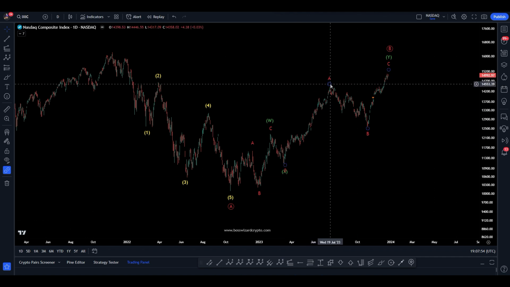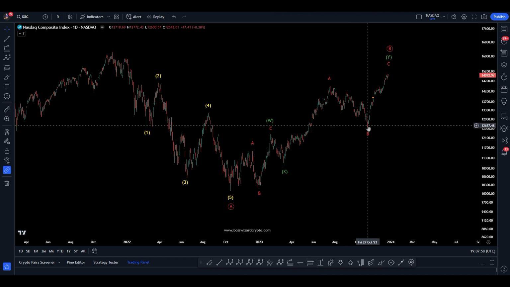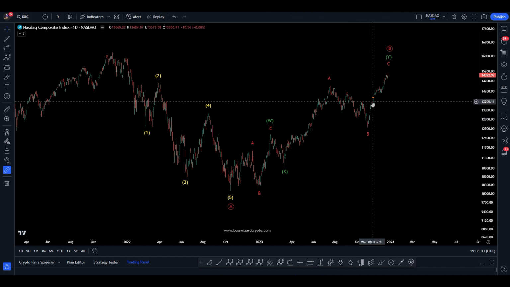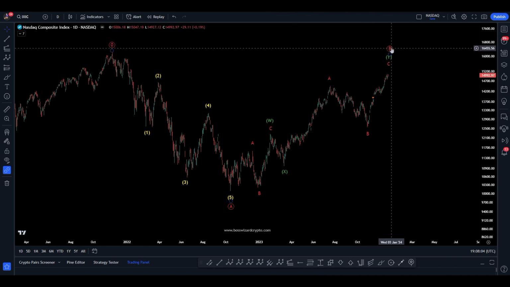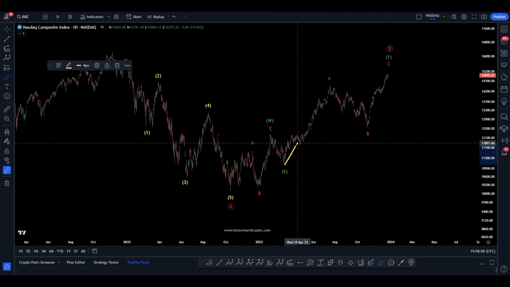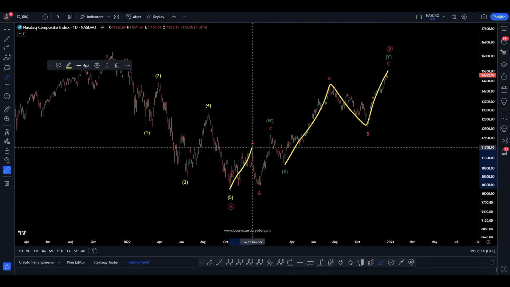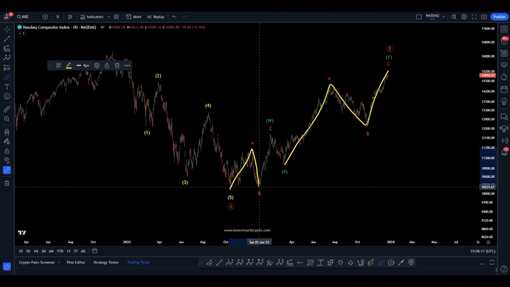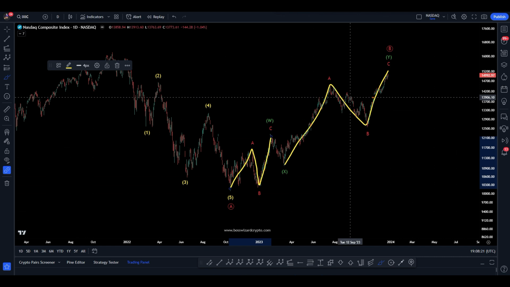And you're just looking for an impulse to complete up here for your C wave. So essentially the C wave right here. So zigzag here, zigzag here. It's a diagonal. B, C. So you're connecting 2 zigzags together via this X wave. Double zigzag, that's what a double zigzag is.